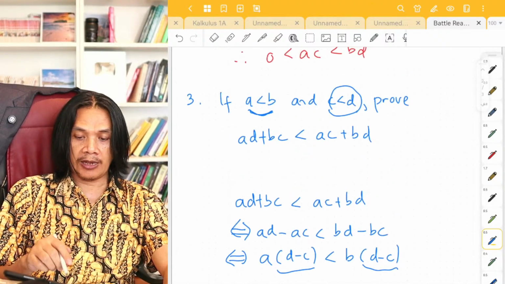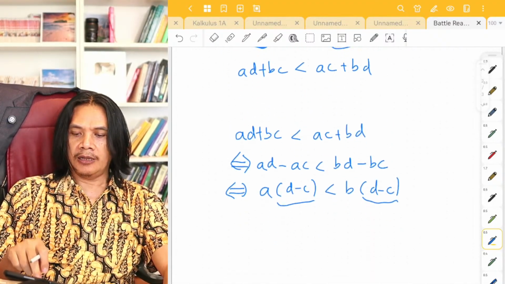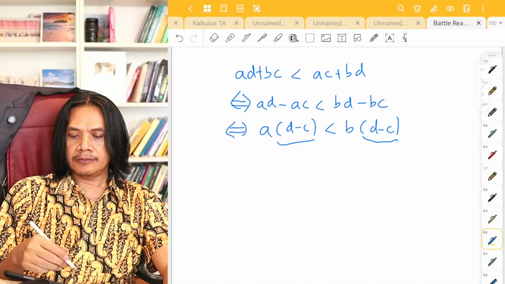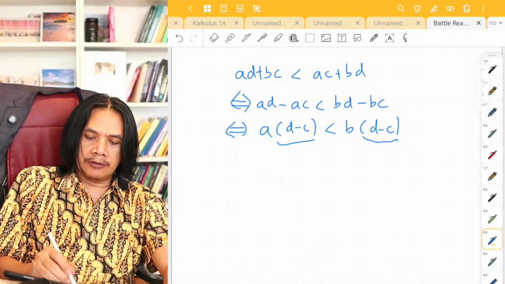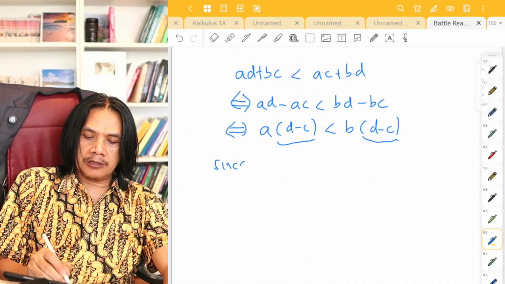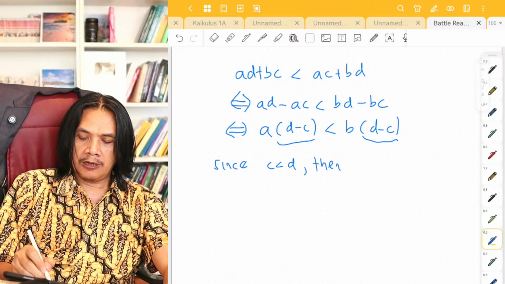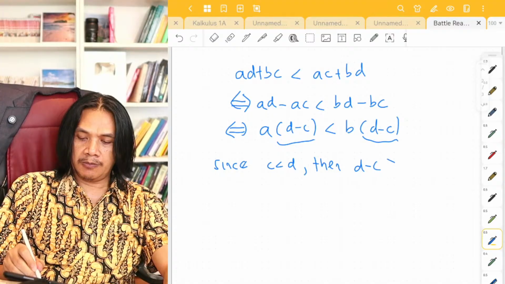But it is true, A less than B. So then the way we write the answer is: since C is less than D, D minus C is positive, bigger than 0.